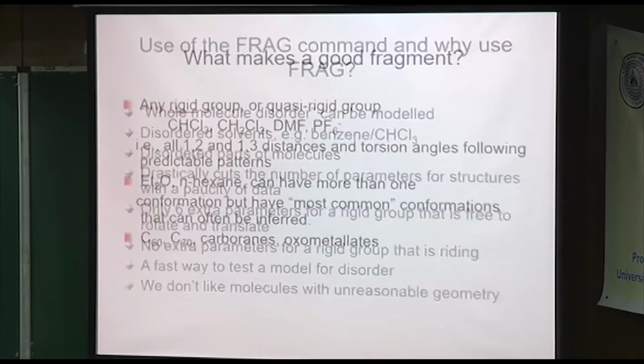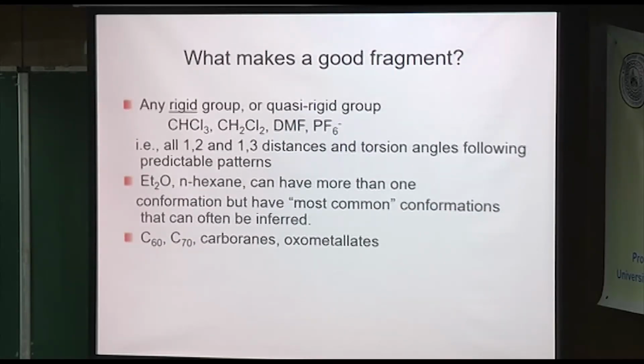So some of the rigid groups that are good are things like these solvent molecules, which have very rigid geometries. And we encounter these so often. By rigid, I mean that all of the 1,2 and 1,3 distances and torsion angles are known, predictable, not going to change.